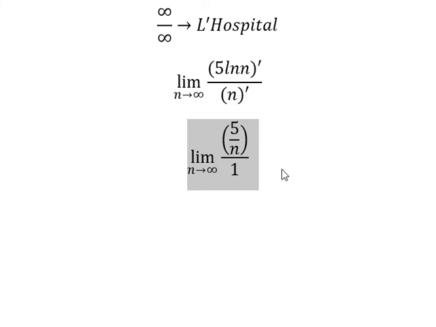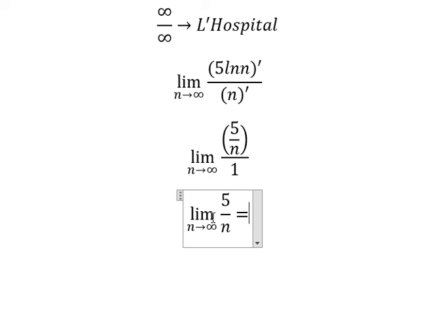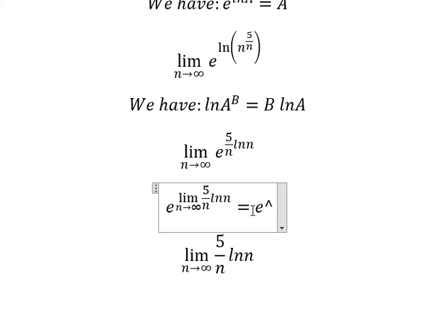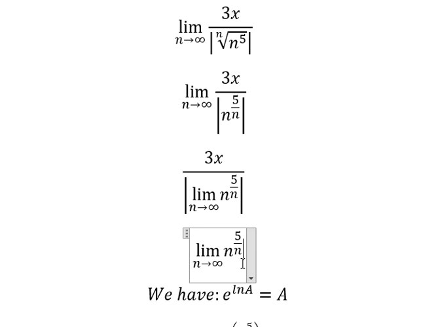If we simplify, you get 5 over n, and when n approaches positive infinity, you get 0. That means the limit of this one is e to the power of 0, which is number 1. That means this limit in here equals number 1.